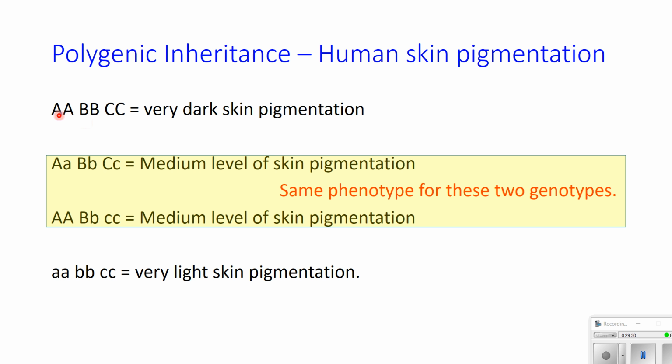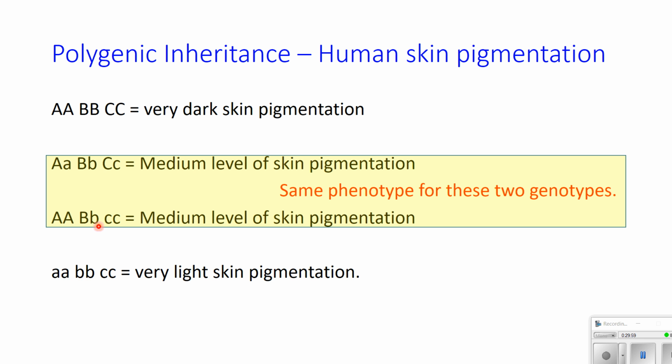So notice a person who is homozygous dominant for all 3 genes is going to have very, very, very dark pigmentation. A person who's homozygous recessive is going to be on the other end of the spectrum and have really, really light pigmentation. So just imagine somebody from Northern Europe who looks almost like a ghost. Okay, and that would be the other end of the spectrum.